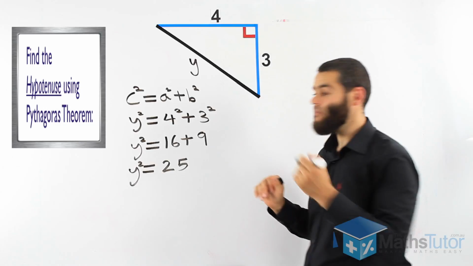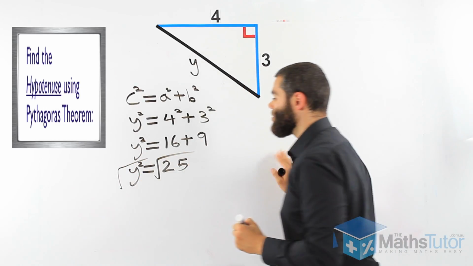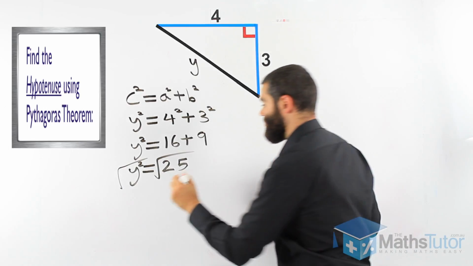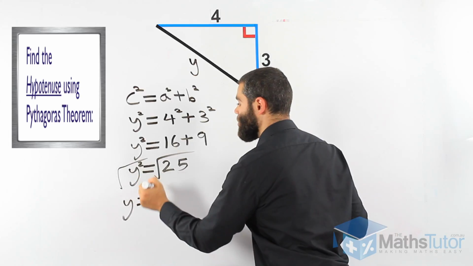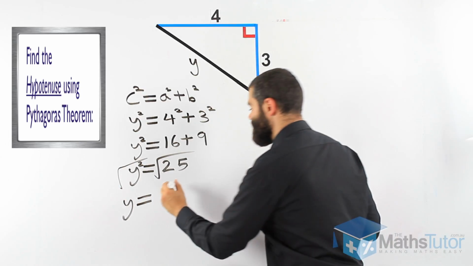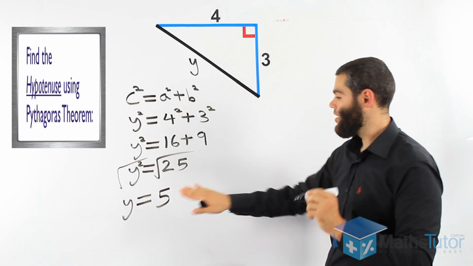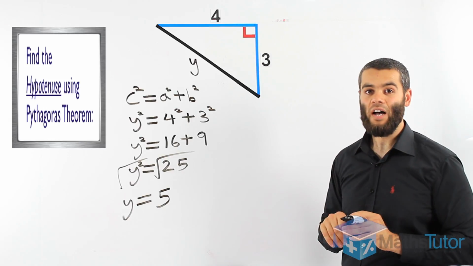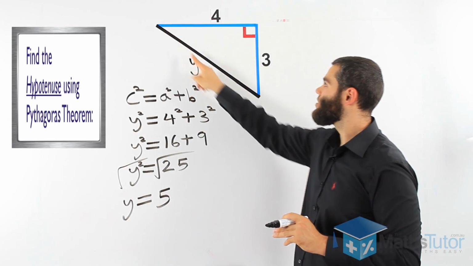The opposite of square, very important, we don't forget, is square root. When you square root y squared, the squared goes, you're left with y. Square root of 25, in other words, what number multiplies itself to get 25? Our answer is 5. That means the hypotenuse is 5 units long.